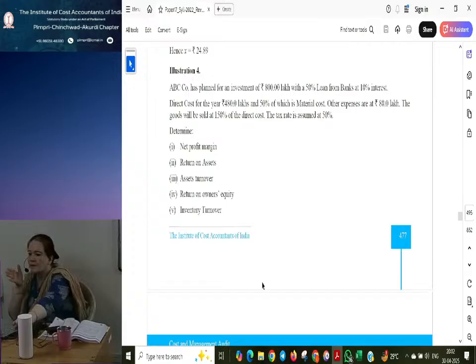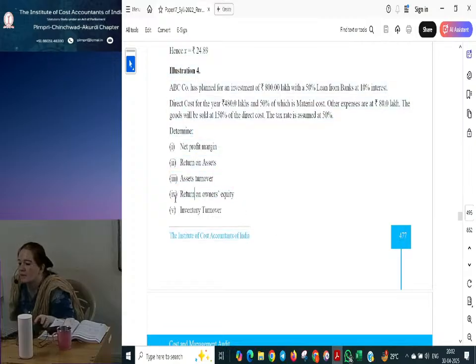The investment is 800 lakhs with a 50% bank loan. That means 400 lakhs is going to be from equity share capital and 400 lakhs from outside funds. This equity will be helpful for return on owner's equity. So let's go one by one.